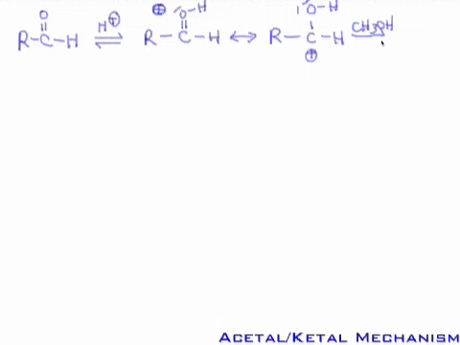Now, in acid, methanol will attack. I'll get RCOH, H. It still has its proton on, and a lot of students forget this. So there's going to be a deprotonation step. Don't leave out the deprotonation step. It's important.